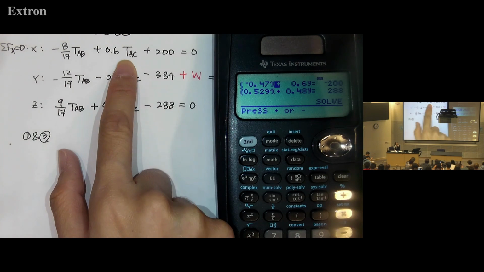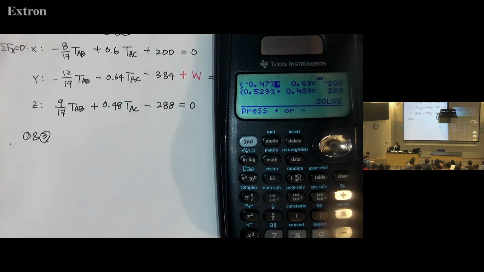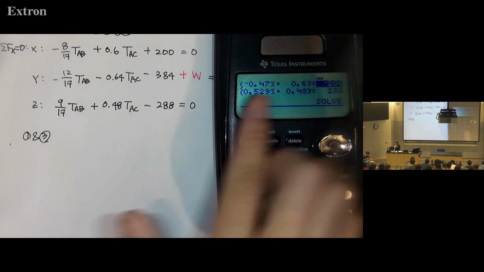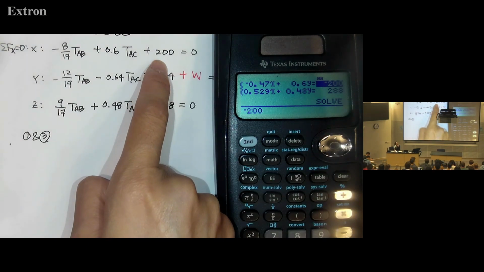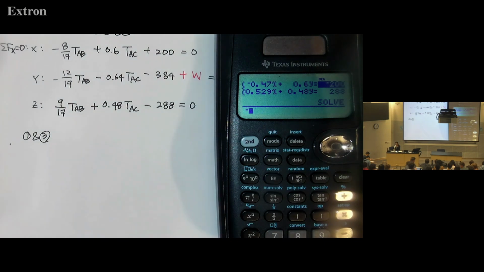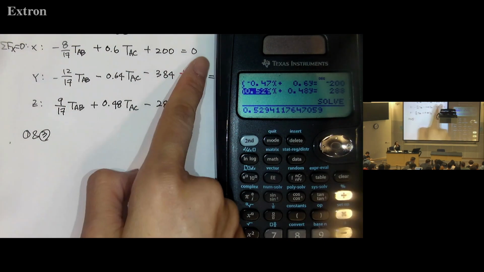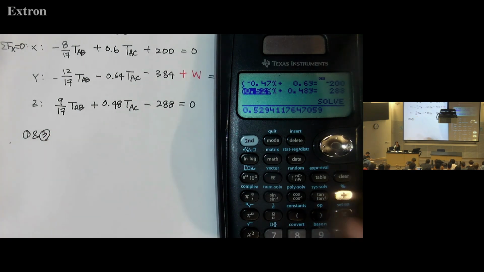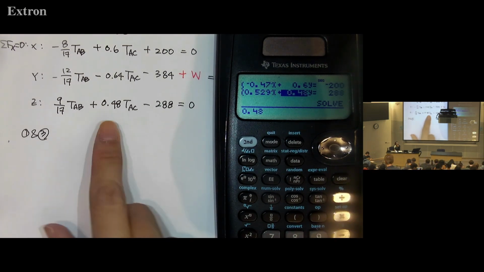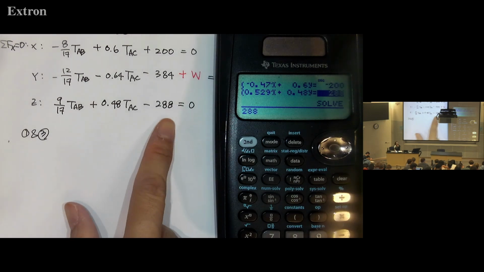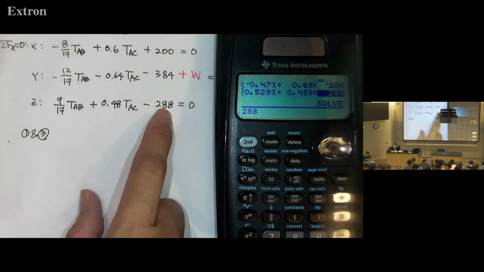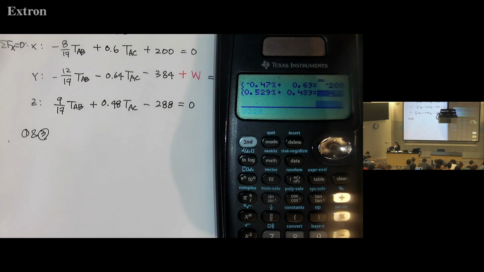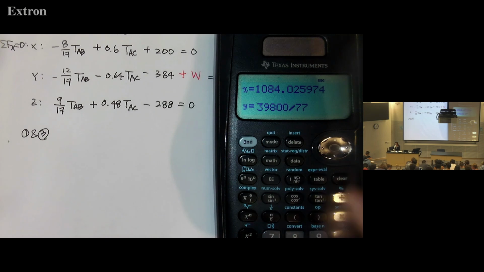And then second one, plus 0.6. And then it's 200, but on the left-hand side, so it should be right-hand side. So I use minus 200. And then number 3, here, 9 over 17. And then here, 0.48. And then this should be right-hand side, so 288. And then solve. Oops, yep. Something wrong?